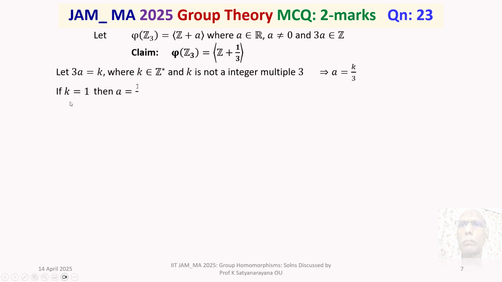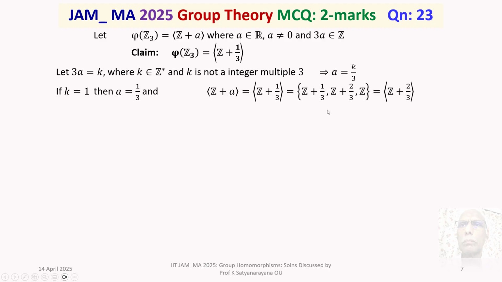If k is equal to 1, not an integer multiple of 3, then a will be equal to 1/3. Then the cyclic subgroup generated by Z plus a will be the cyclic subgroup generated by Z plus 1/3. It generates how?